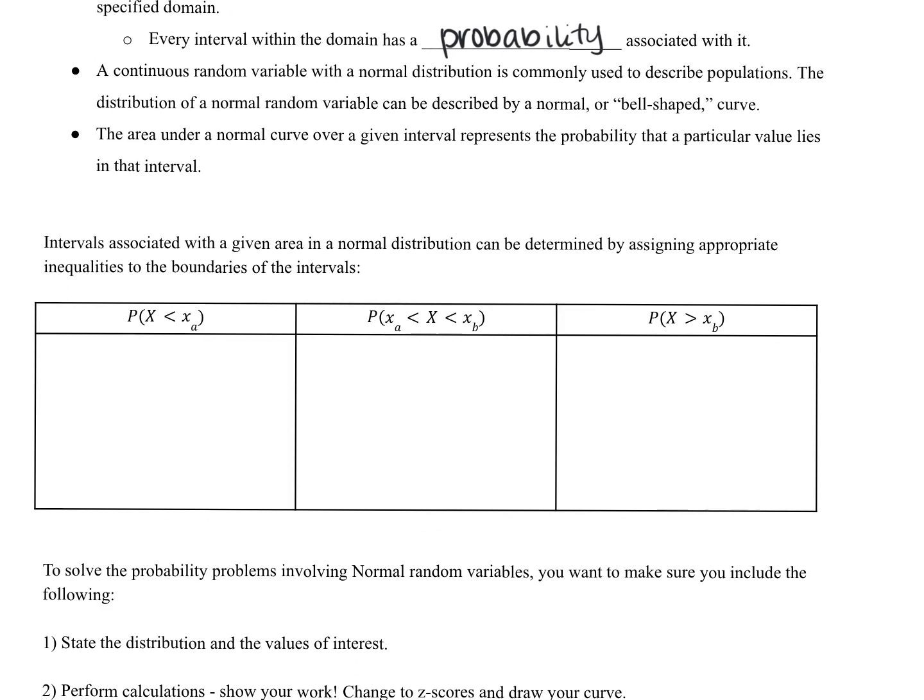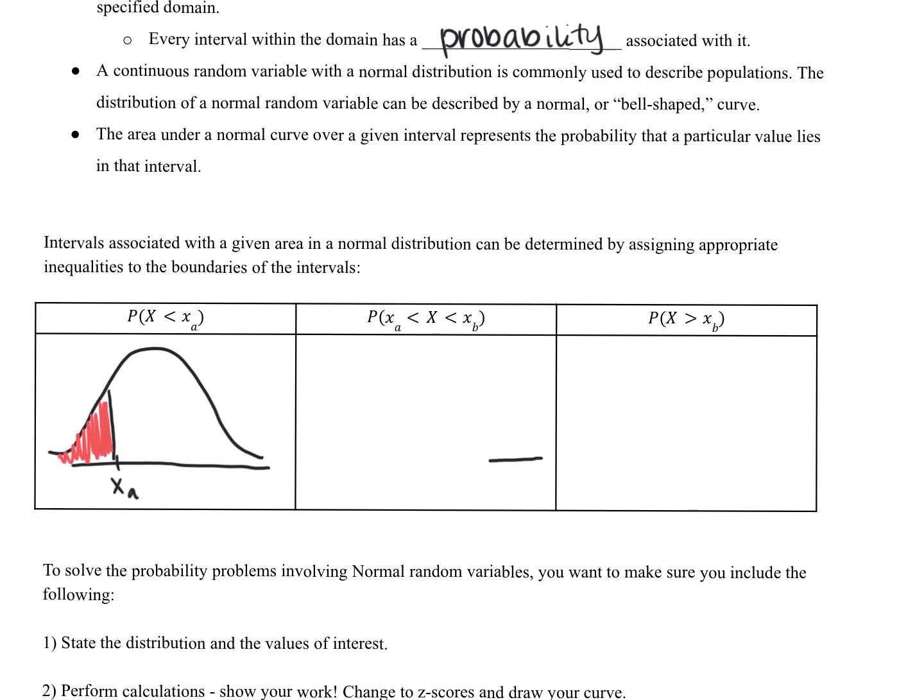So if I have some arbitrary x variable and some arbitrary value that I want to be within that, if I want to find the probability that x is less than some value, I have my normal curve, and then I have my x sub a, my probability is everything below that value.